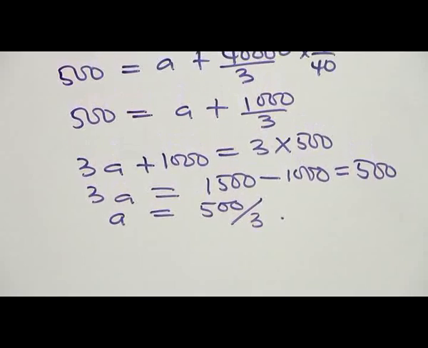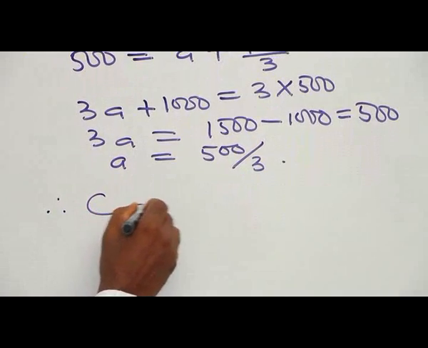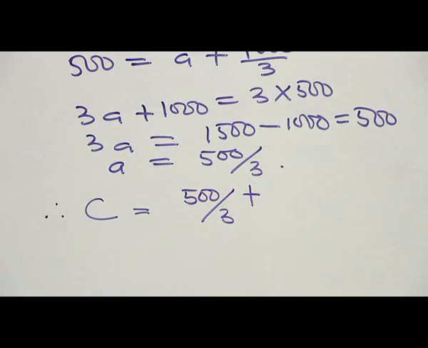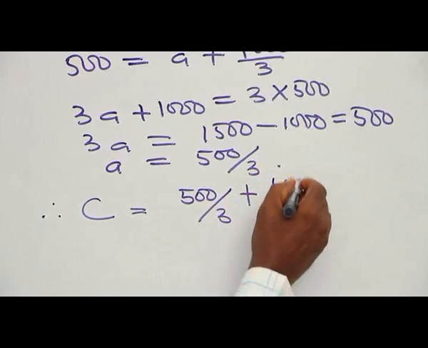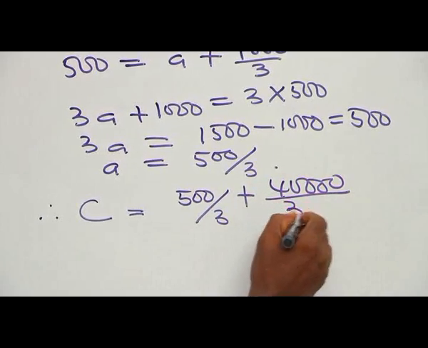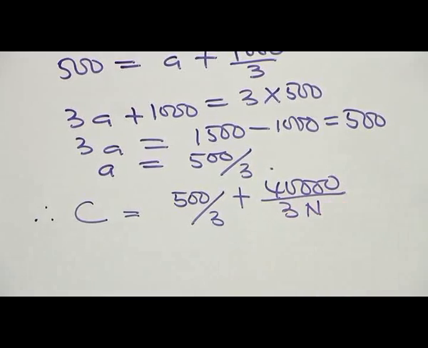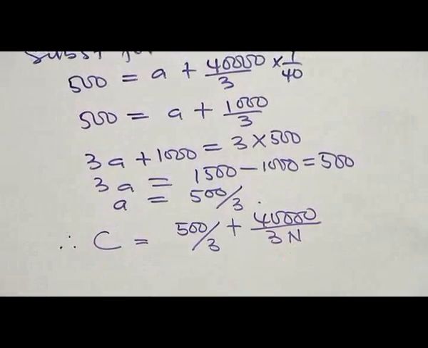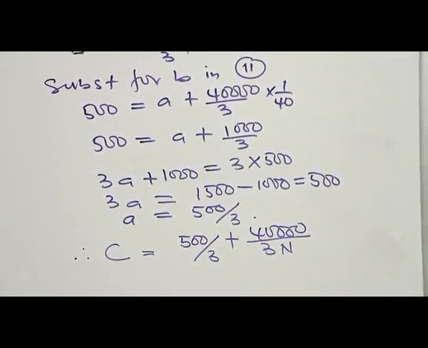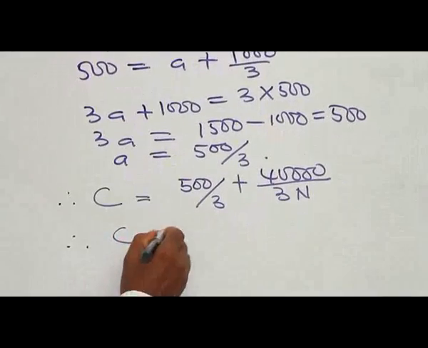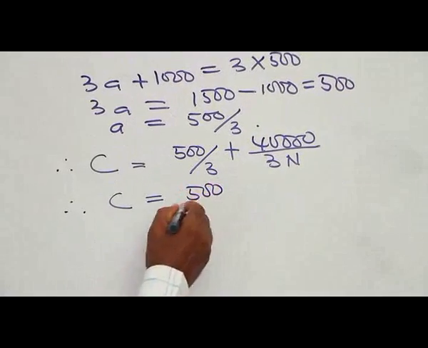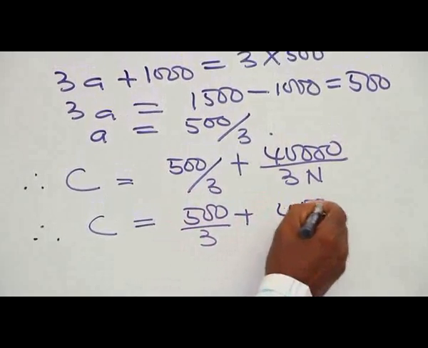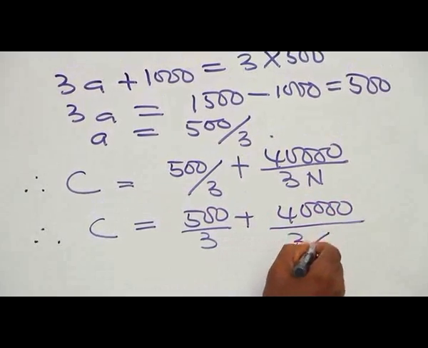Therefore, we can write the cost will be equal to A, which is 500 over 3, plus our B, which is 40,000 over 3 times 1 over N. So this is the relationship between the cost and the number of people. For us to get the cost for 50 people, the cost for 50 people will be equal to 500 over 3 plus 40,000 over 3 times 1 over 50.